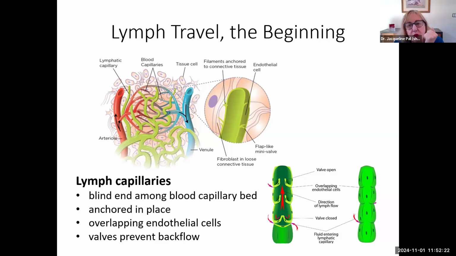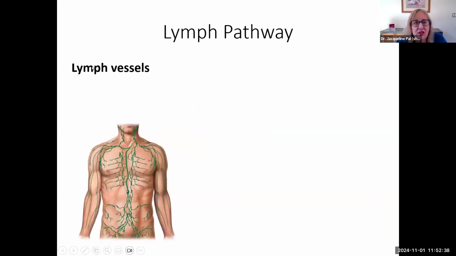And if the lymph would try to come back down the other direction, that would cause the valve to close, so it could not go any further down. All right. So after the lymphatic capillaries, these are going to merge together to form lymph vessels. And so we've got lymph vessels all throughout our body.